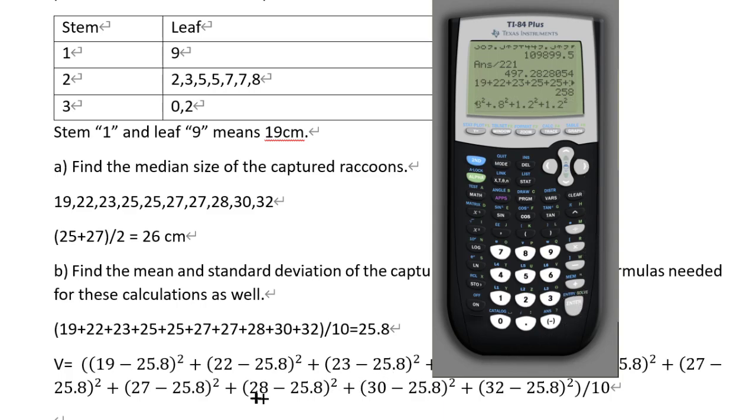And then this will be 2.2 squared. Uh, 4.2 squared. Okay. And then plus finally this will be 6.2 squared.